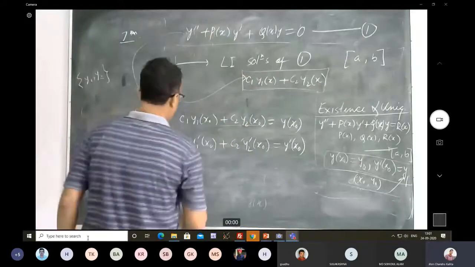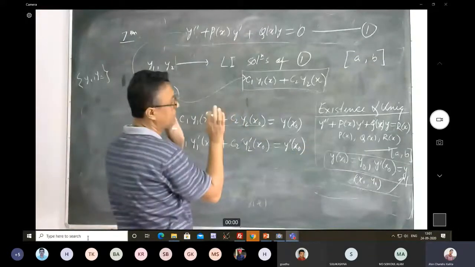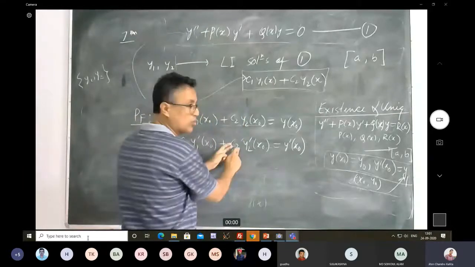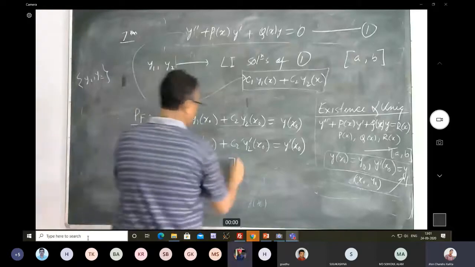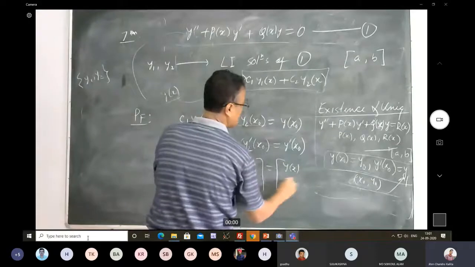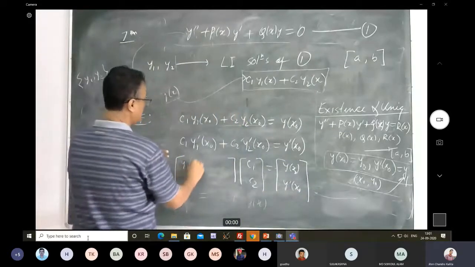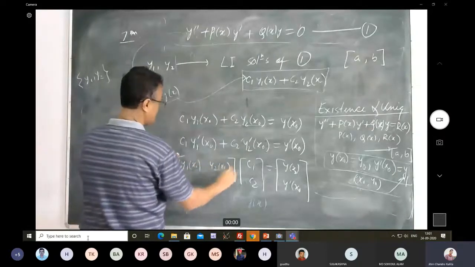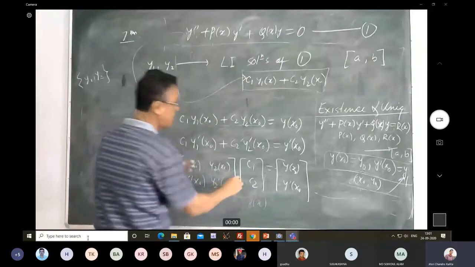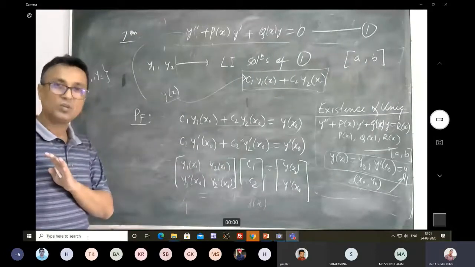Now, if you want to have C1 and C2 uniquely determined, then this matrix equation with y1(x naught), y2(x naught) must have a unique solution, isn't it?